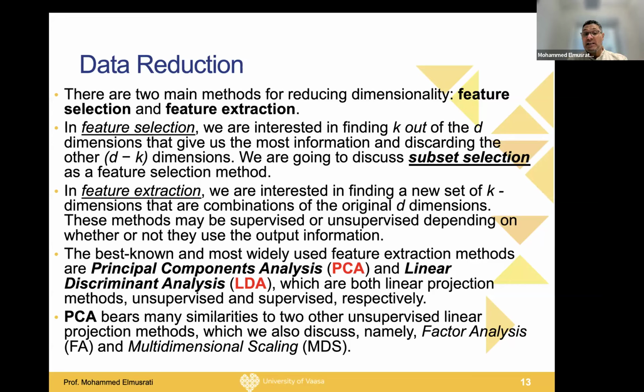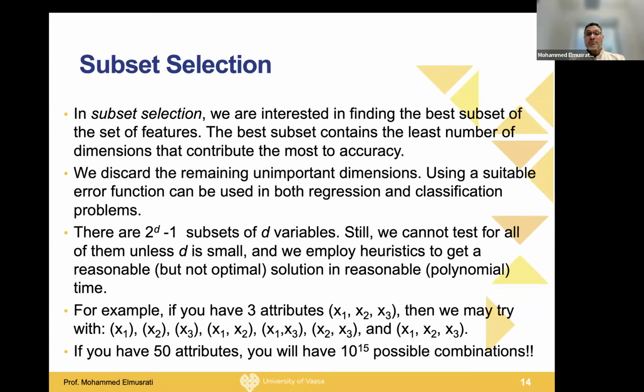Especially the principal component analysis is one of the oldest statistical tools applied in statistics, and still today it is a very strong and fundamental technique in data reduction and data analysis.